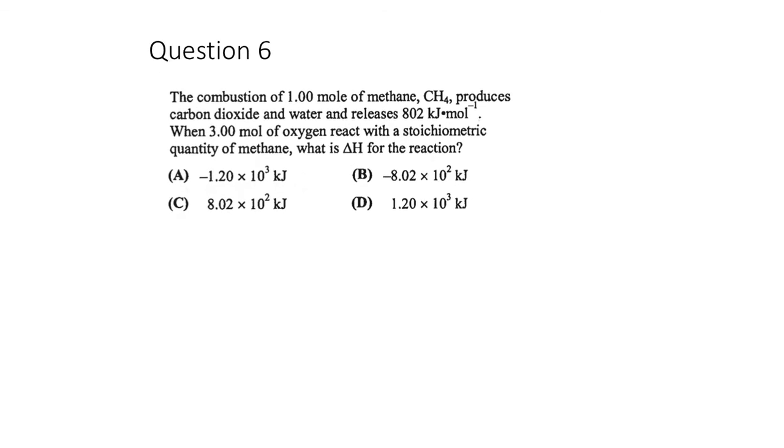Question 6, we have a mole of methane produces CO2 and water, releases 802 kJ per mole. When 3 moles of oxygen reacts with the stoichiometric quantity of methane, what is the delta H for the reaction? Okay, so for 1 mole of CH4, that's telling us when CH4 reacts with O2 to produce CO2 and water, that this is reacting 1 CH4.